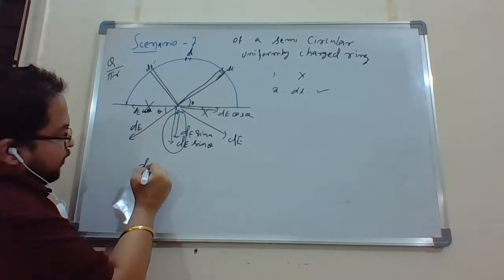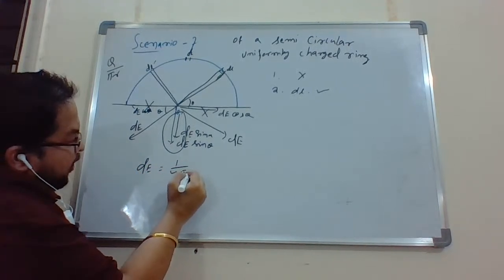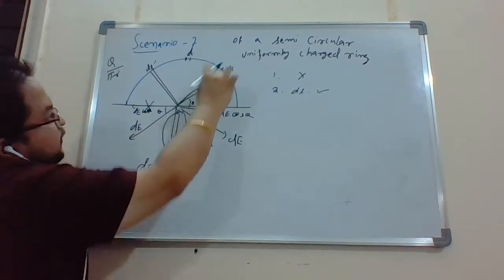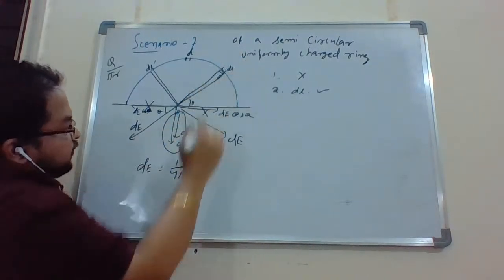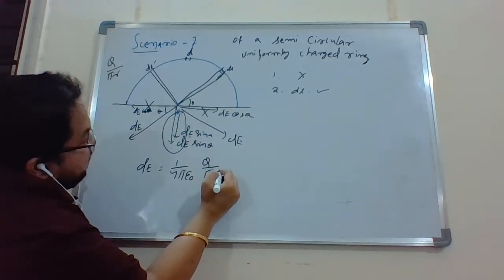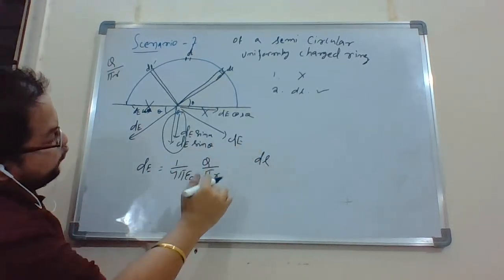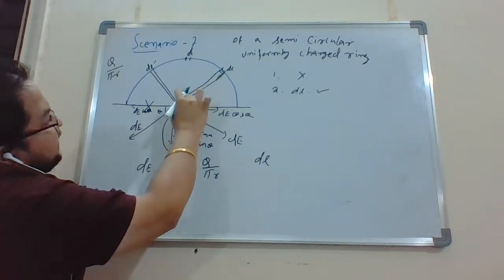So your dE will be nothing but 1 by 4 pi epsilon naught. Now charge on this one, I can say q by pi r dl. Now by r square, what is the distance?